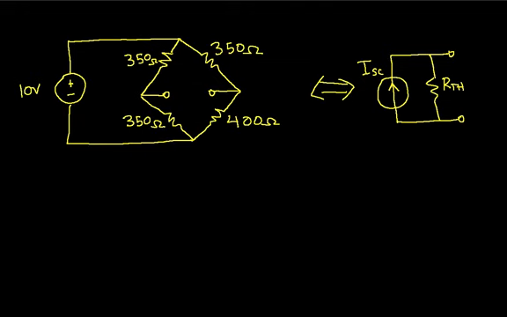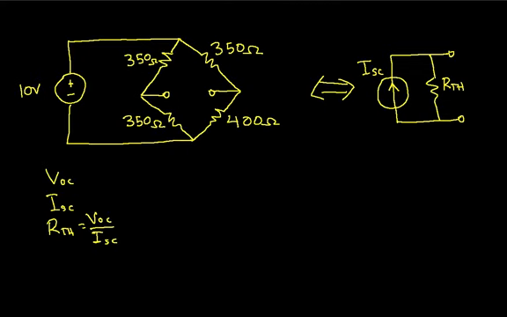The first way is we'll find the open circuit voltage and then the short circuit current, and then RTH is VOC over ISC. The other way is we'll actually just find the equivalent resistance for RTH. And since we'll have already found ISC, we'll have the Norton equivalent circuit as well.